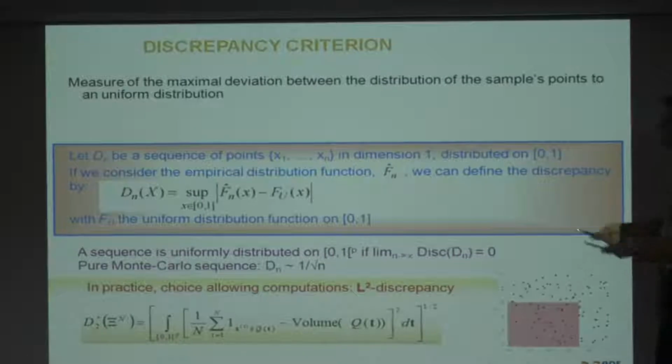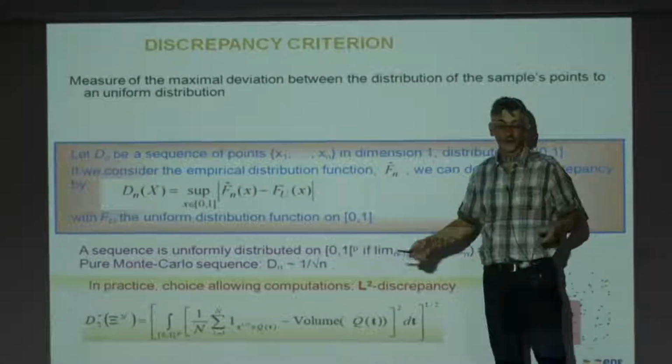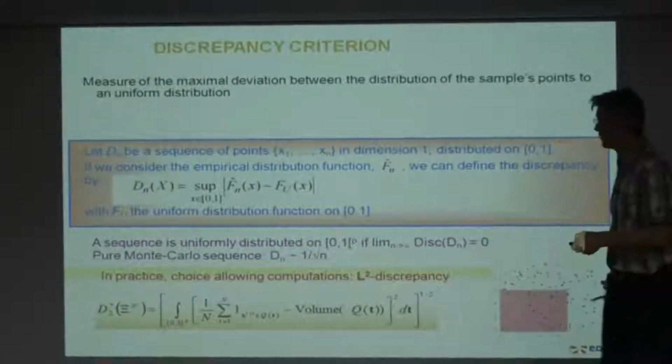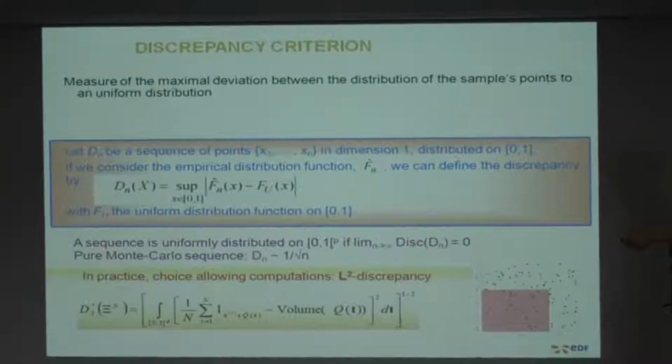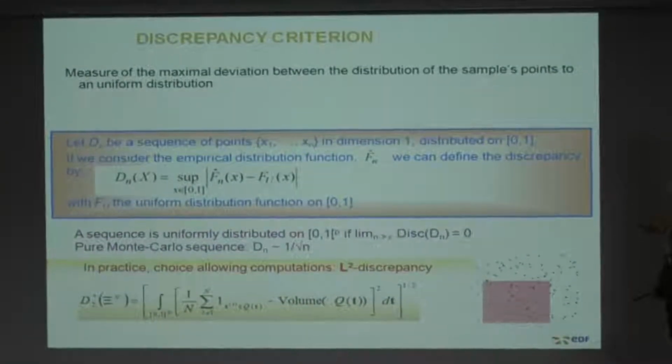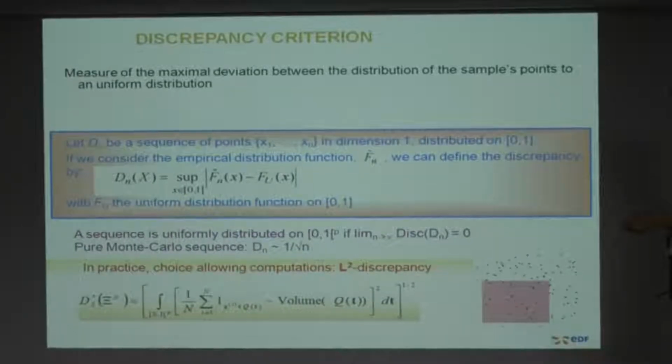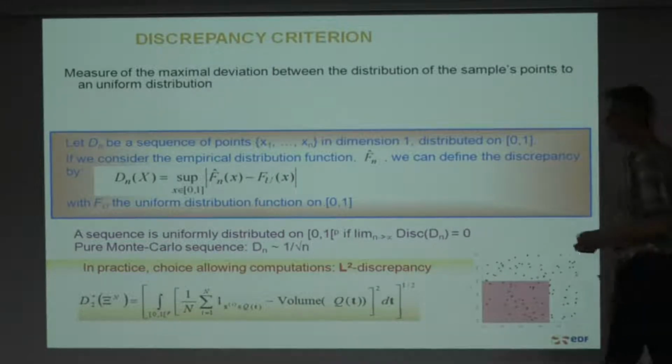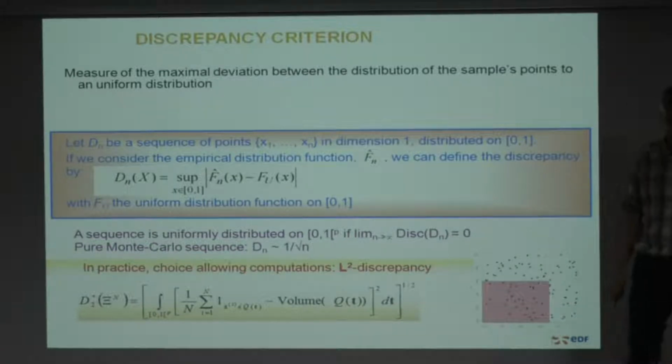In dimension 1, in fact, this kind of measure is well known. This is called the Kolmogorov-Smirnov metric, I think. Because in fact we compare the empirical distribution with the uniform distribution function, and we take the sup. So the discrepancy is this, and it looks like the Kolmogorov-Smirnov criterion.